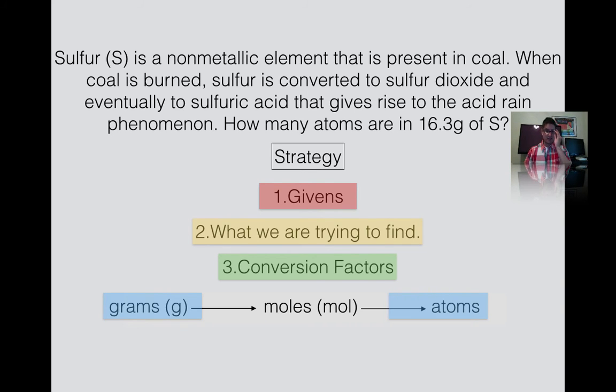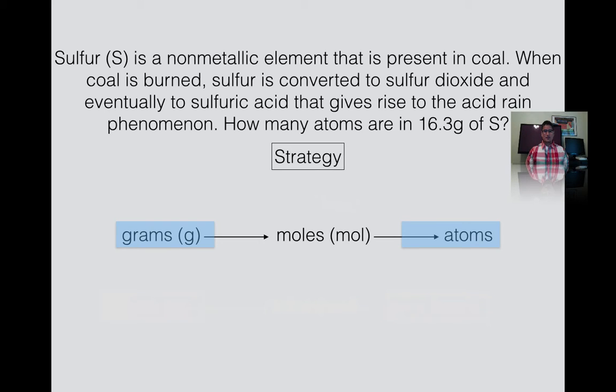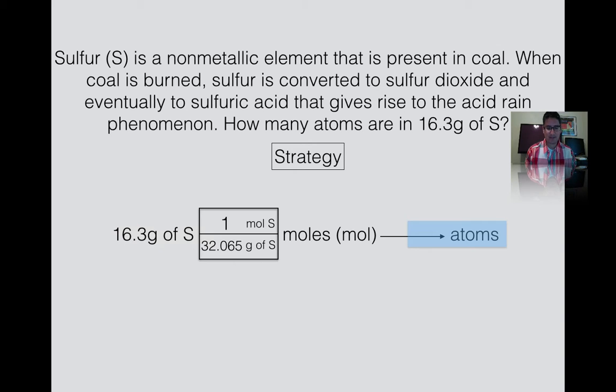All right, so let's see how this actually plays out. Again, these are my conversion factors. I want to convert 16.3 grams of sulfur into moles, right? And there's my conversion factor. If I look at my periodic table, I'm going to see that the molar mass of sulfur is 32.065 grams.